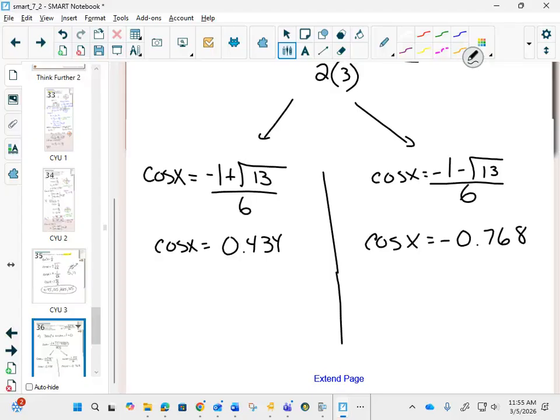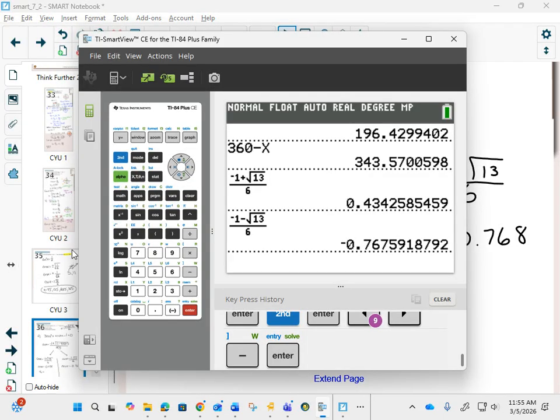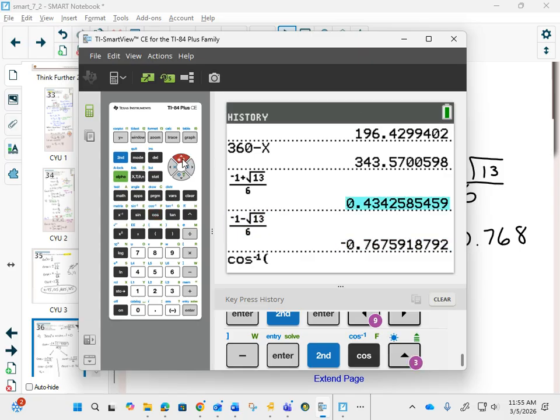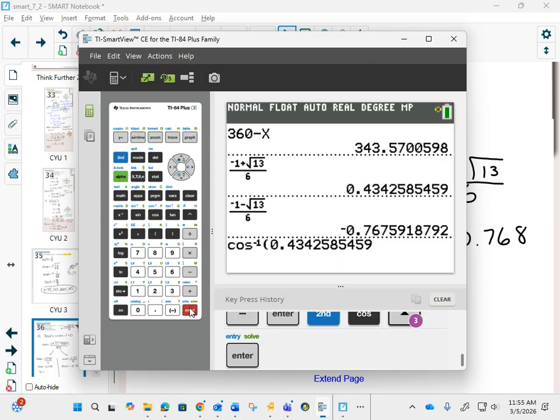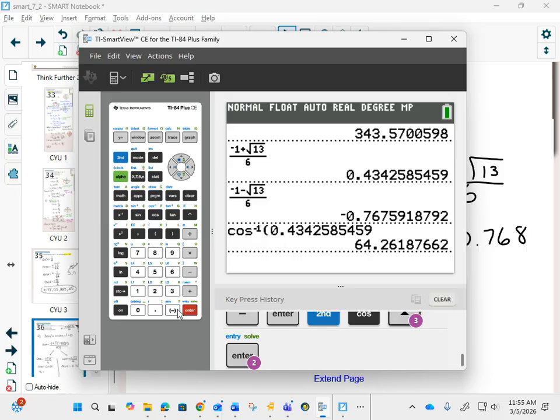So, reference angle for this one, cos inverse of 0.434. I'll do this side first. Second cos inverse of this one. Push enter. 64.261.